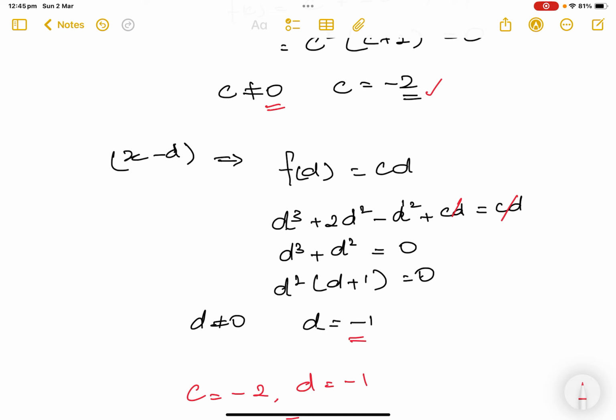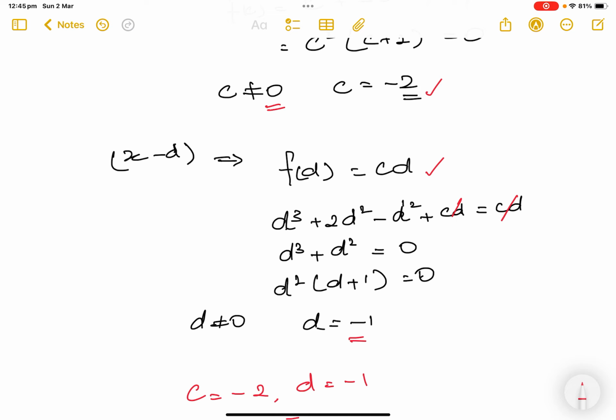Then they gave us the remainder is cd when the function is divided by x minus d. Again, by the remainder theorem, f of d, whatever we are left with, will be cd. So this is the remainder, that is cd.